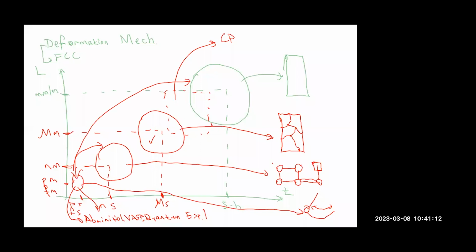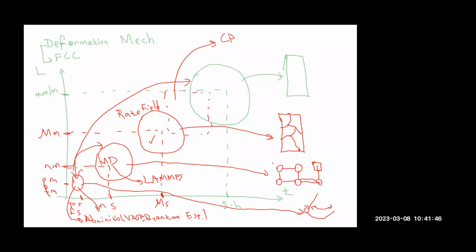So at nanoscale, the modeling that we conduct is mostly molecular dynamics. We use some semi-empirical potentials and run molecular dynamics simulations. At microscale, we use some phase fields. By the way, for molecular dynamics, the platform is mostly LAMMPS.